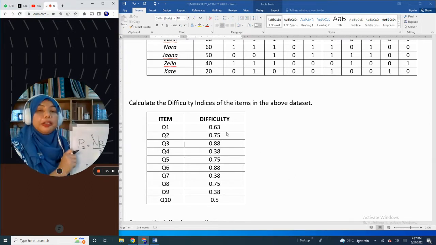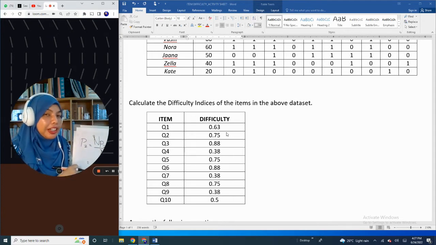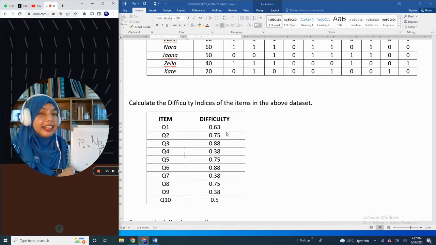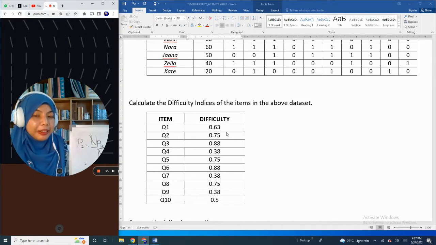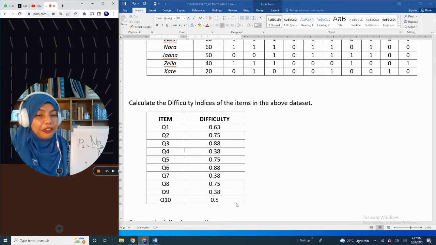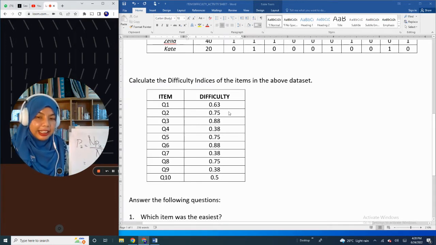Okay, so calculating is only the first layer of the assignment. The second layer is to know and interpret the meaning of these indices. Okay, let's look at this index. What do you think? Does the test consist of more easier items or more difficult items?